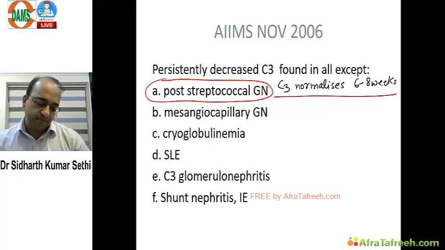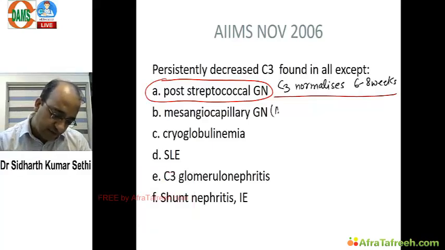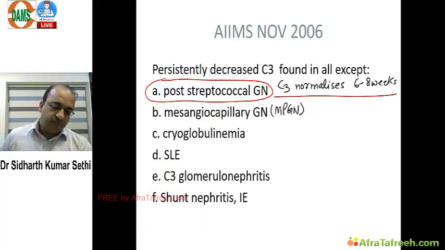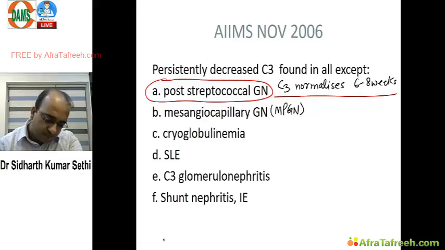MPGN. MPGN, membranoproliferative GN, is a cause of persistently low C3. Cryoglobulinemia, a disorder seen in adults. SLE. Now, why is C3 low?